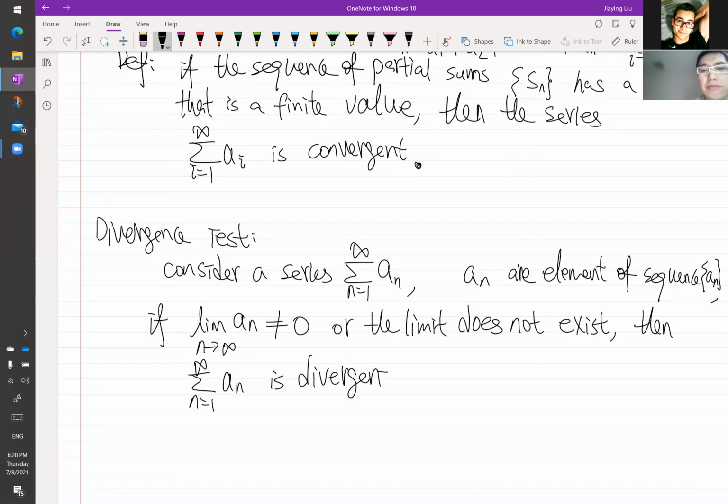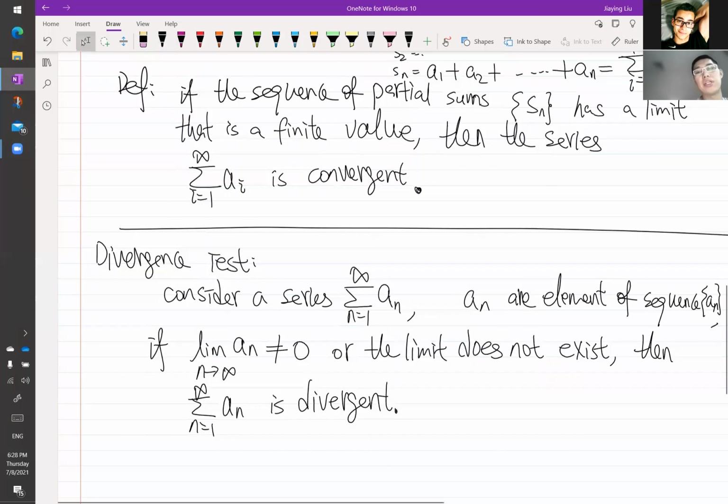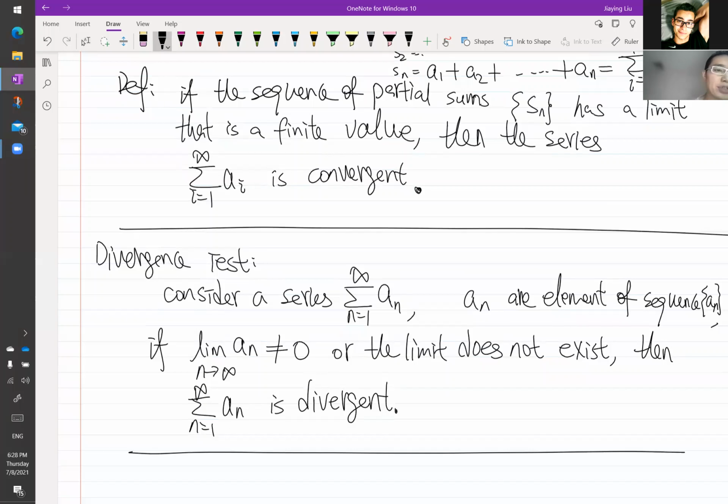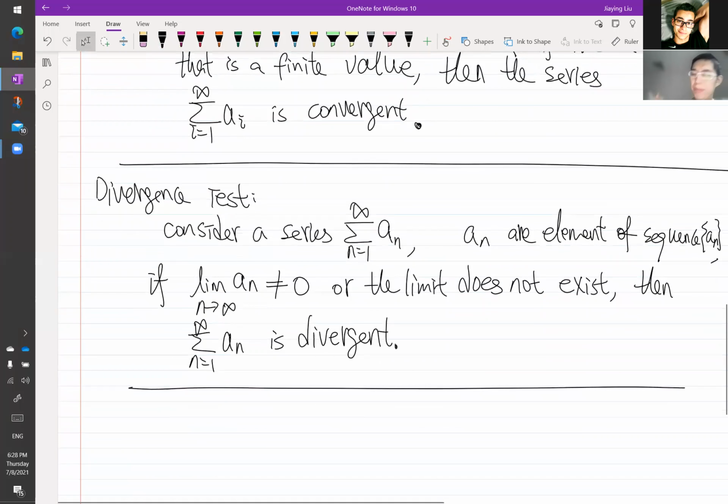This is only useful when we try to show some series is divergent. It's not useful if we try to show some series is convergent. So for now, if we want to show something is convergent, we have to use the definition. So that's the divergence test.